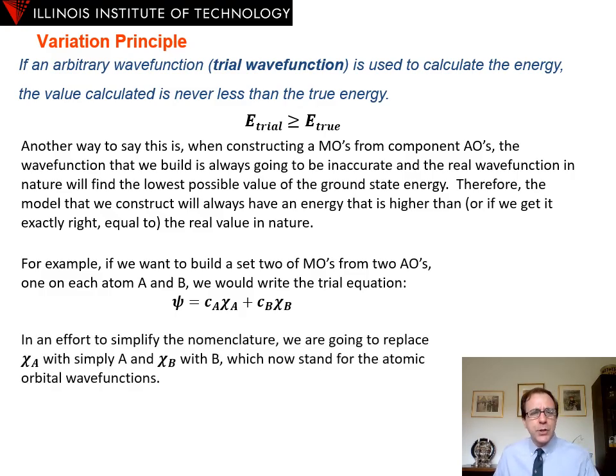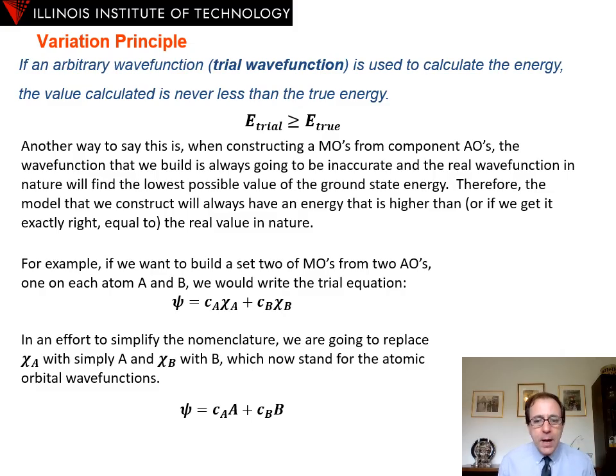Okay, so we're going to try to simplify this a little bit and not have to use so many Greek letters and subscripts. So instead of writing chi sub a to be the atomic orbital's wave function for element A in a diatomic molecule, I'm just going to write the letter A. And likewise, just write the letter B instead of chi sub b. So that same wave function will now look like this.